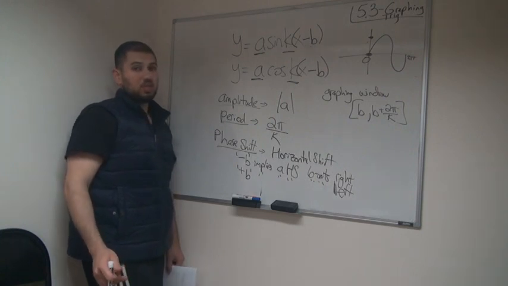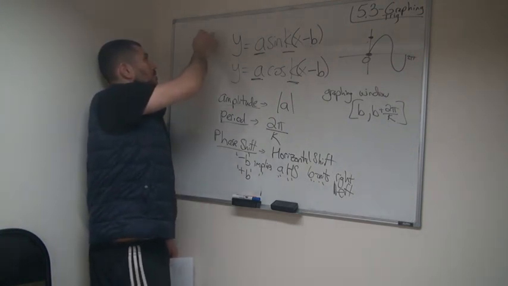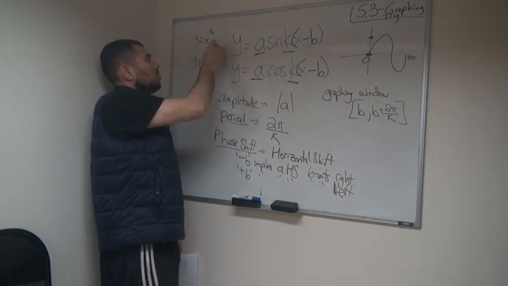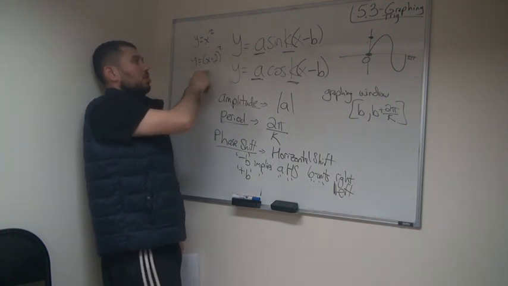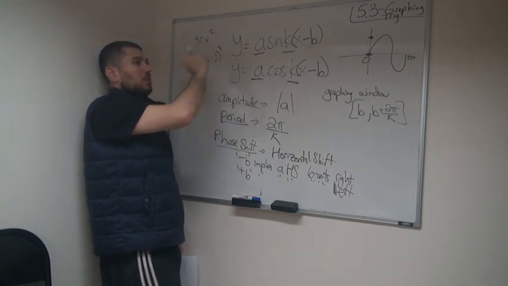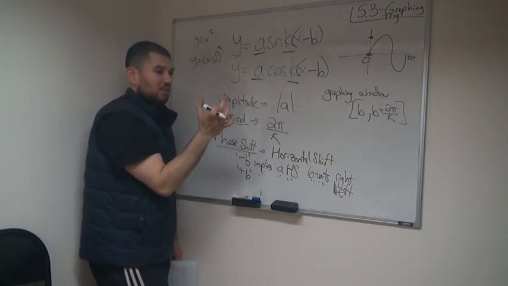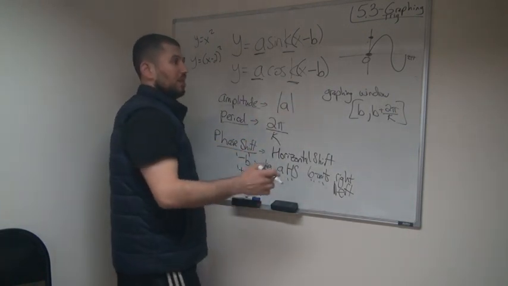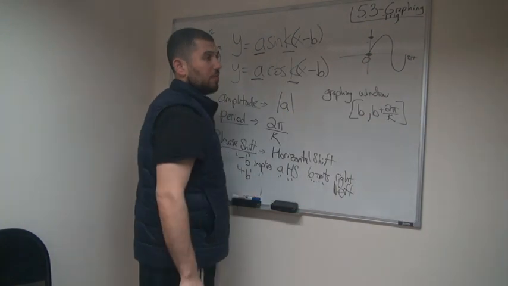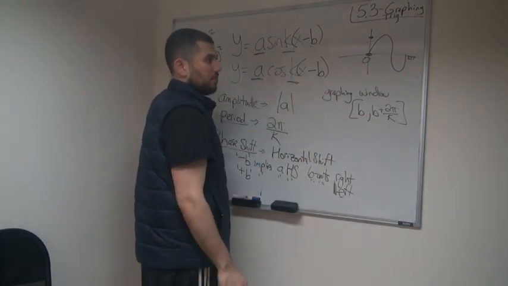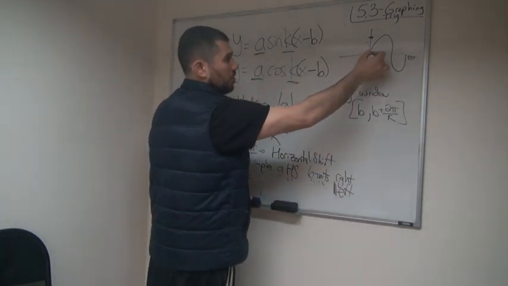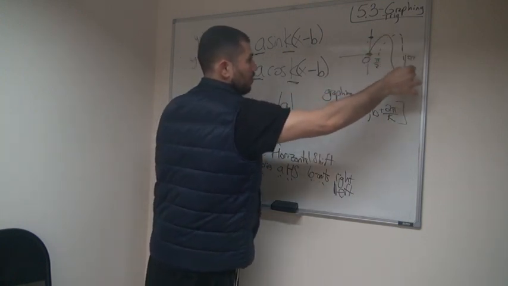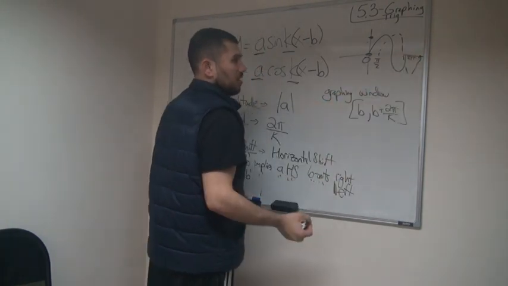If I had y equals x squared before, and now I'm doing y equals x minus 2 squared, this would shift the whole graph of y equals x squared to the right 2 units. It was a horizontal cut and paste of the graph 2 units to the right. Well here, let's say I'm shifting the graph pi over 2 radians to the right. Then the starting point would shift pi over 2 units to the right, and the whole graph would shift pi over 2 units to the right.